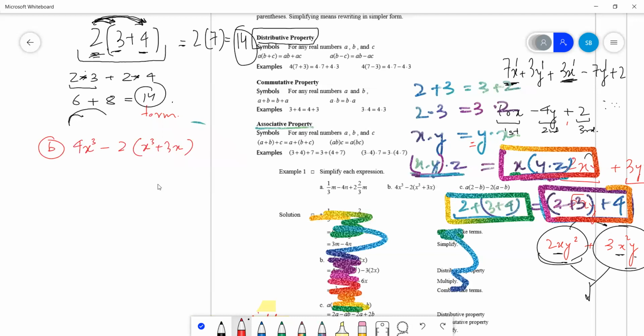So we're having this question and we need to simplify it. Well, 4 times x cubed is as it is. And now we can use the distributive property here. -2 times x cubed is how much?